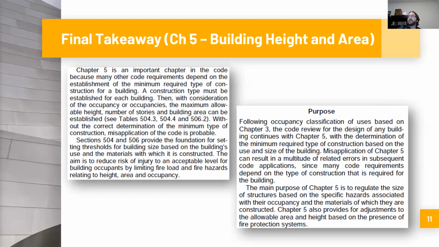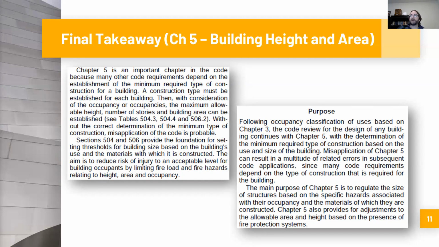Let's look at what the purpose of this chapter is. Following occupancy classification of uses based on Chapter 3, the code review for the design of any building continues with Chapter 5 with the determination of the minimum required type of construction based on the use and size of the building. Misapplication of Chapter 5 can result in a multitude of related errors in subsequent code applications, since many code requirements depend on the type of construction that is required for the building.